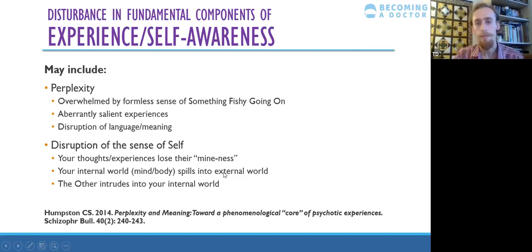And there's this sense, as we talked about, of your thoughts being taken out or put in, your body being controlled. Sorry, that's actually the third point: your internal world is being intruded into by some other, by the police or the neighbours or whatever it may be, some agency that's trying to harm you. Intruding into your mind or your body, when normally we completely take for granted that we have complete control over that and nobody else can read our thoughts.